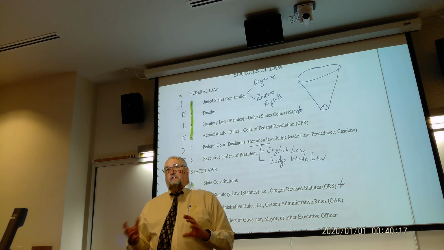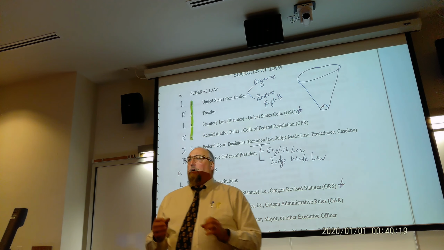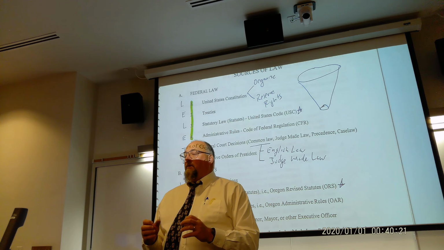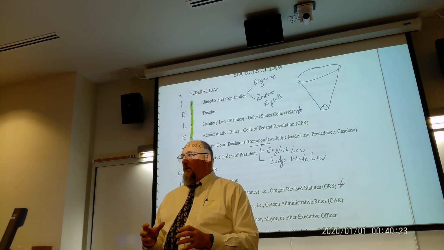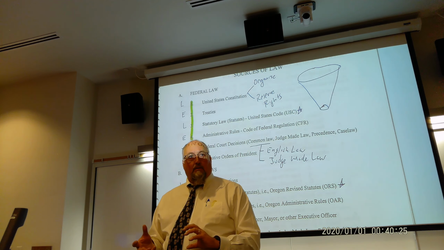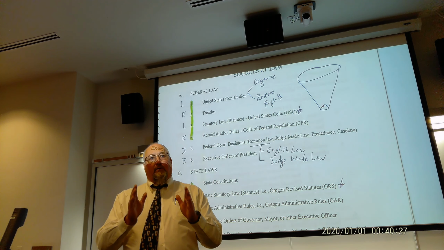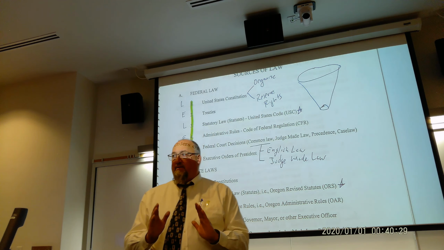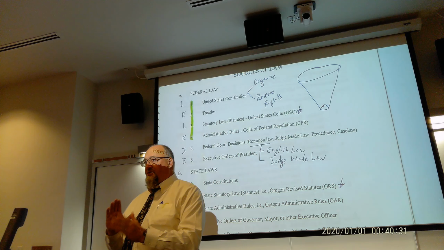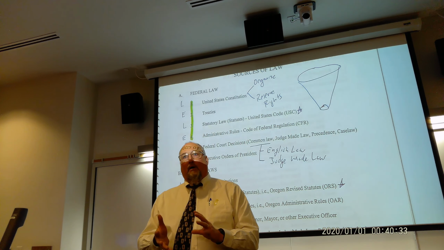Now here's the thing I want you to know about an executive order. An executive order cannot create new law, nor can it modify law. It's limited to how the law will be implemented or enforced or not enforced, but it can't write new law.